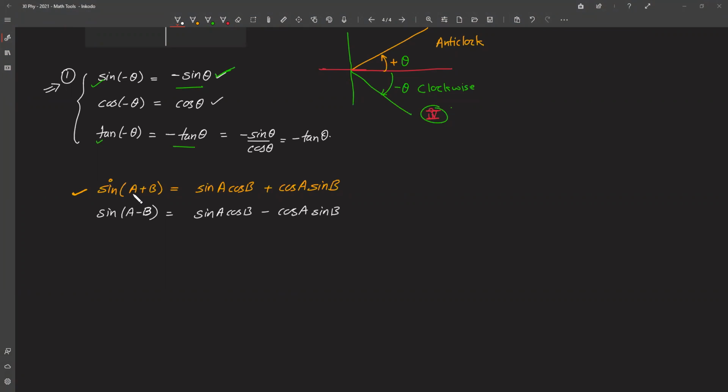So that is about sine A plus B and sine A minus B. Similarly, you have for cos, but for cos it is a little different.